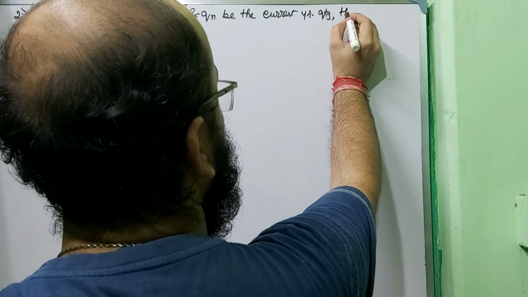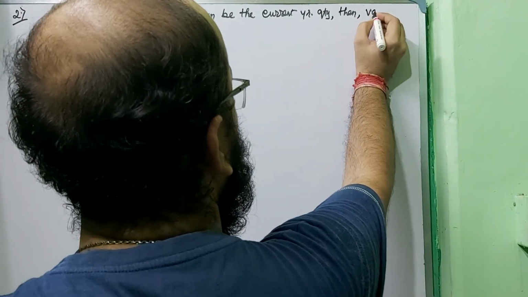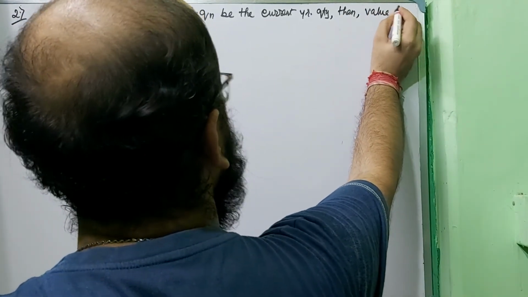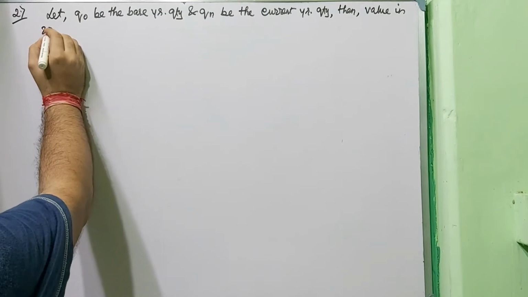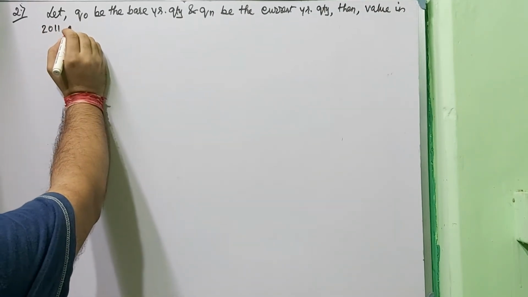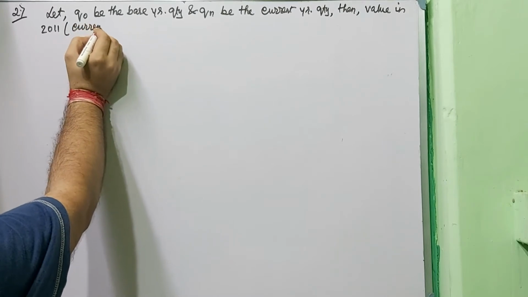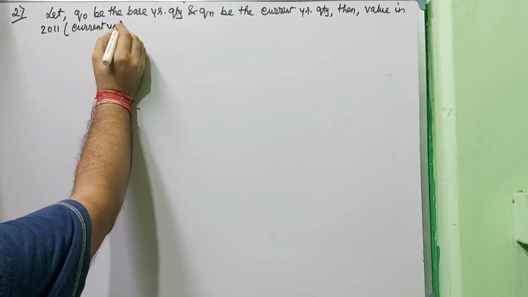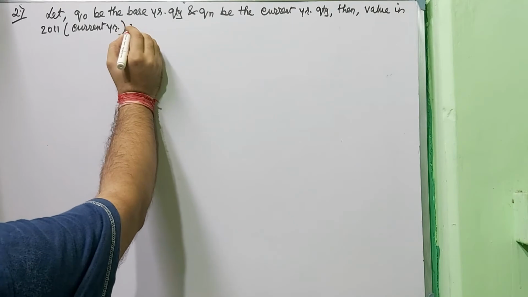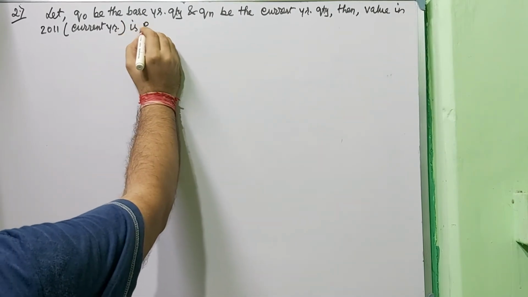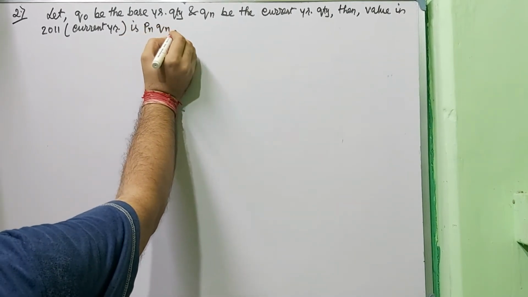Then value in 2011, which is obviously current year, is obviously PnQn, right?